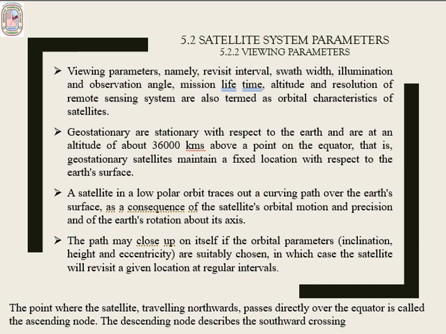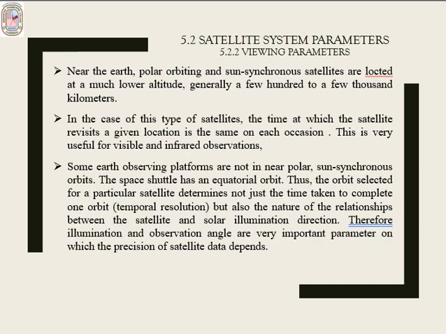Nadir is the 0 degree direction, which reduces the distortion, and similarly off nadir helps measure properties like reflectivity or emissivity.